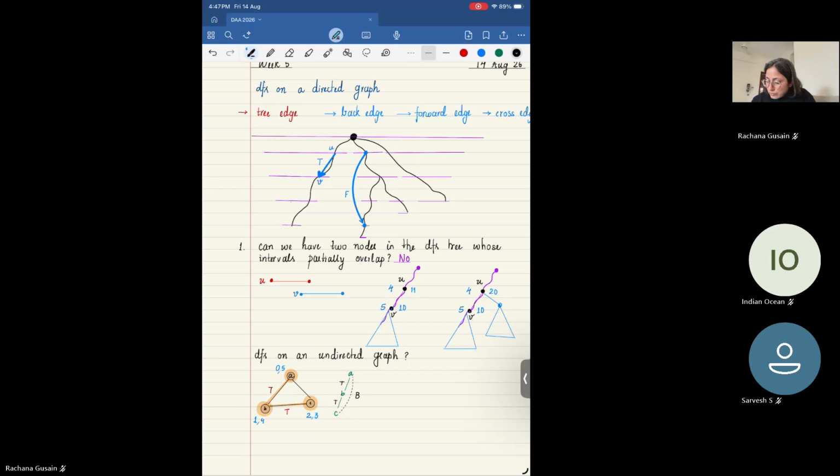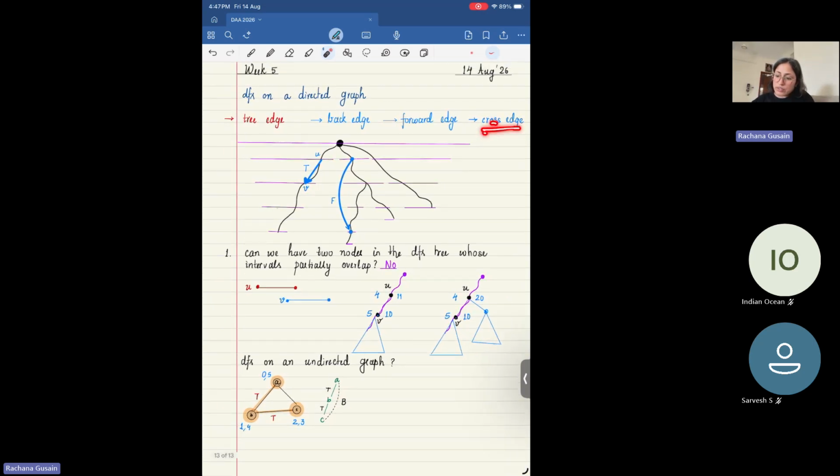And now the question is, when you do a DFS on an undirected graph, we have seen there will be tree edges. The back and forward edge are one and the same. We'll refer to them as back edges. The question is, can there be a cross edge in an undirected graph? Is that possible?